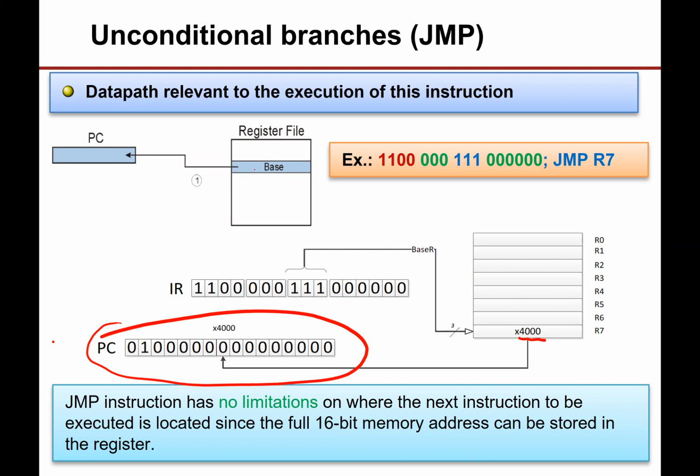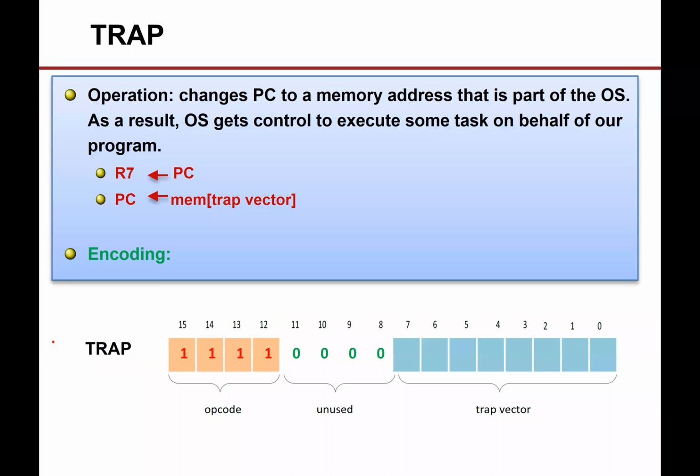It depends on the PC offset, which has 9 bits, so the new PC is limited to within minus 256 to 255. Right? So this is an unconditional branch instruction.